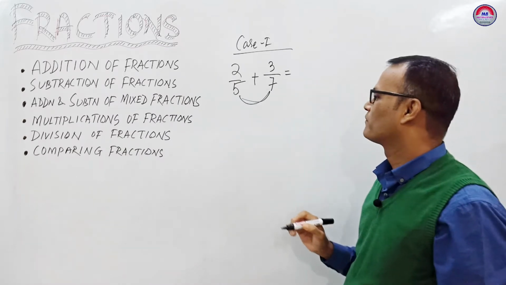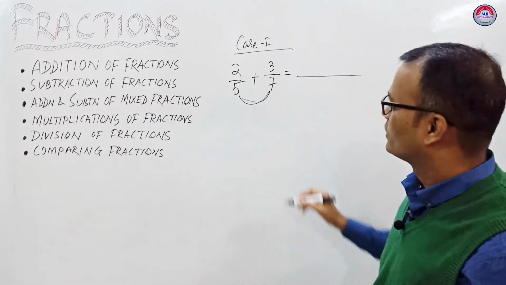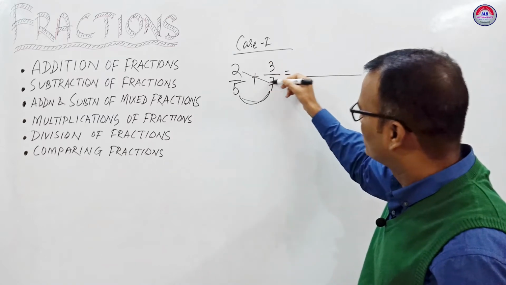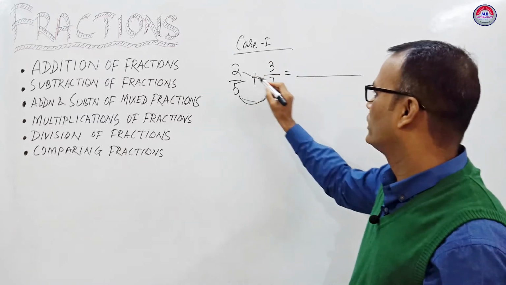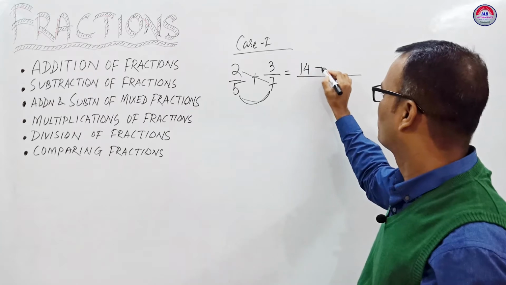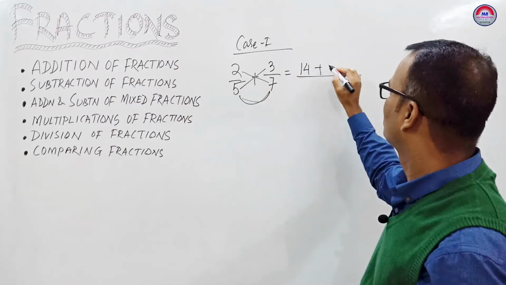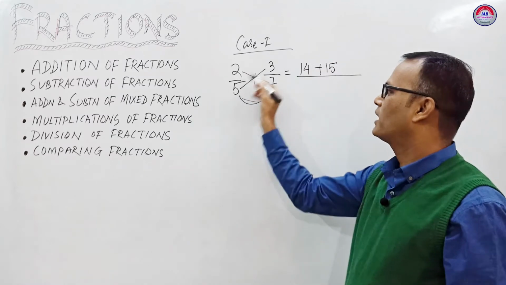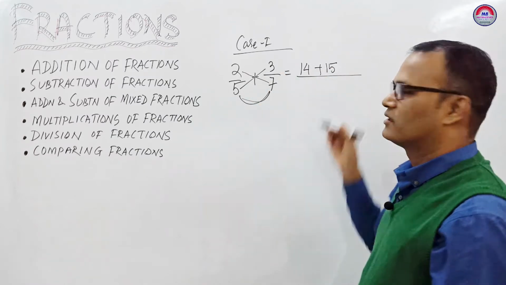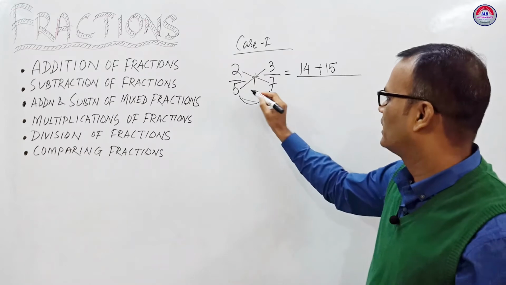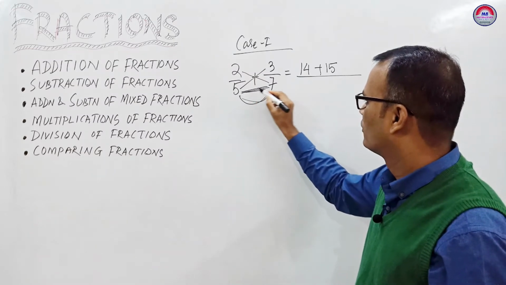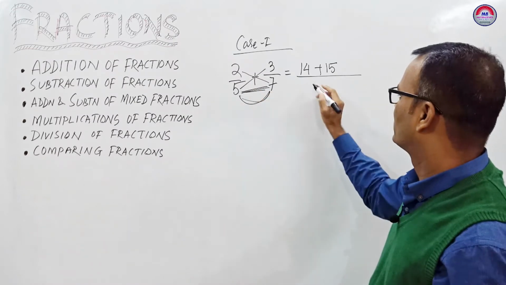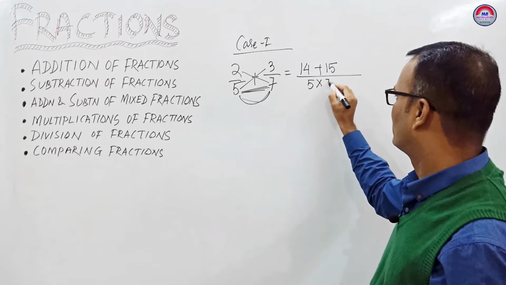What is that? First you just cross multiply and add: 2 into 7, 14, plus 5 into 3, 15. For the numerator, we cross multiply and add. Similarly, to find the denominator, we multiply the denominators, 5 into 7.